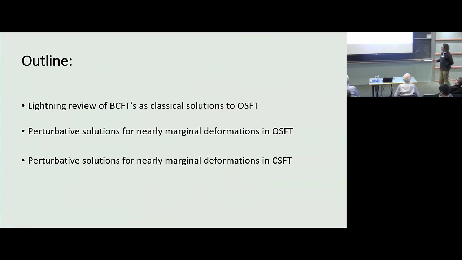In the second third of this talk, I will use an ancient technique by Ashoke Sen and Mukherjee to construct some exact all-order perturbative solutions for nearly marginal deformations in open string field theory, and tell you what we can learn from this. And in the last third, I will look at this in the context of closed string field theory, to learn not about consistent boundary conditions, but consistent bulk backgrounds.